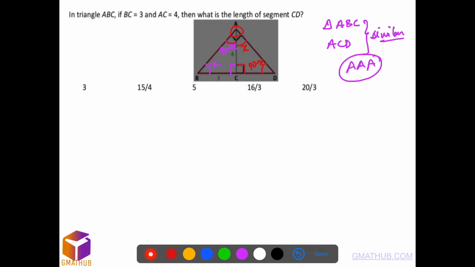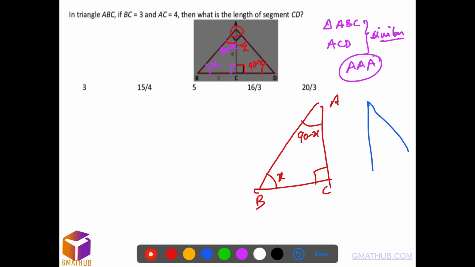So we have two triangles, one triangle ABC with angles 90, x, 90 minus x, and the other triangle ACD, where this is 90, this is 90 minus x, this is x. Now the similarity is proved, three angles are equal, 90, x and 90 minus x.